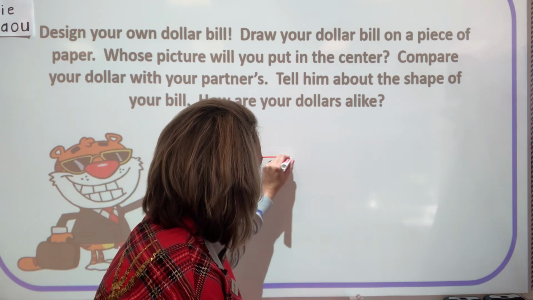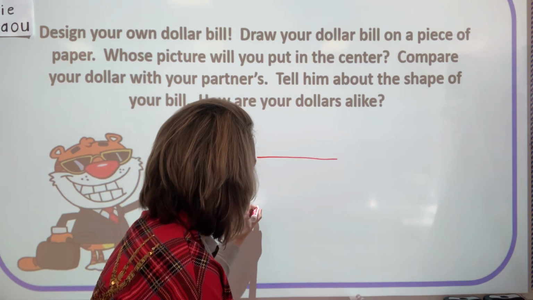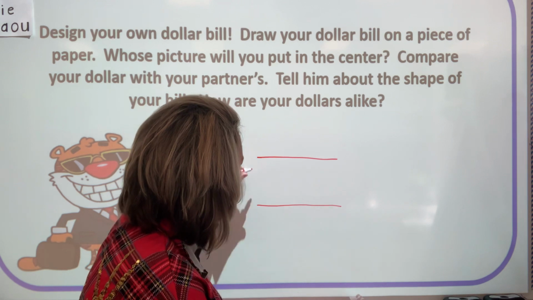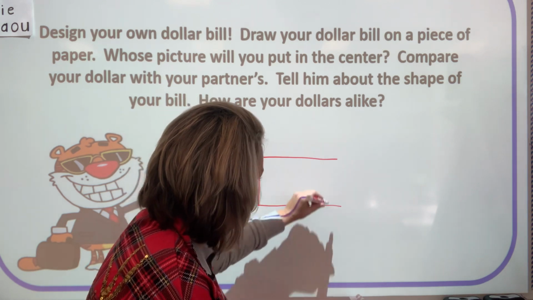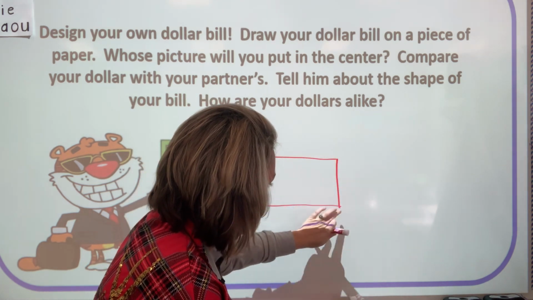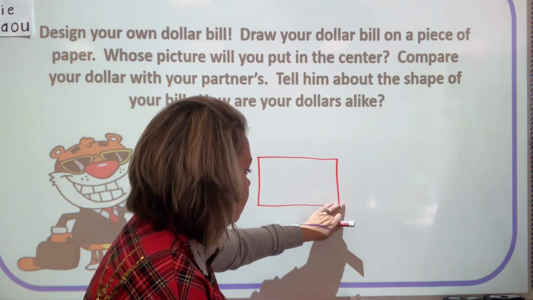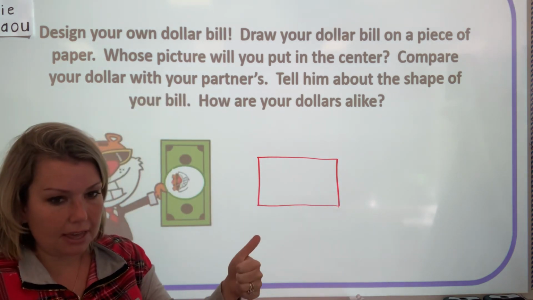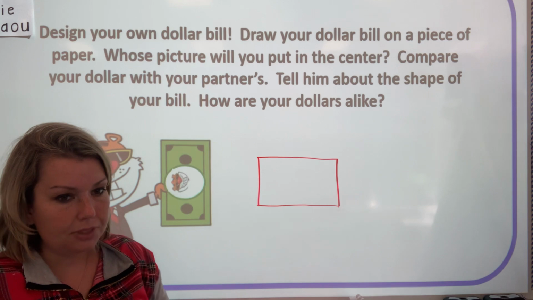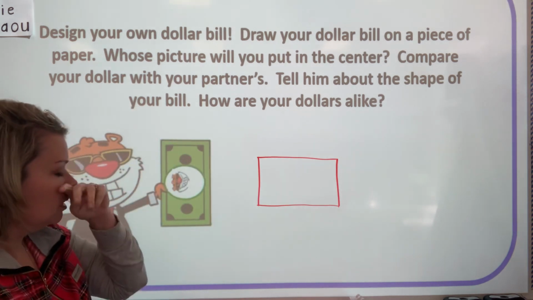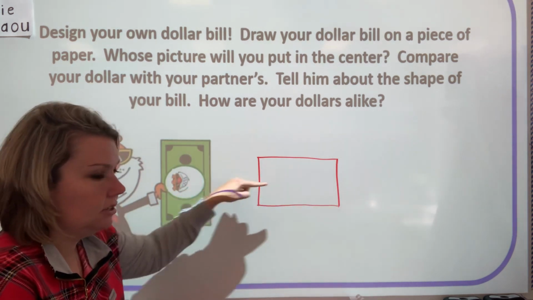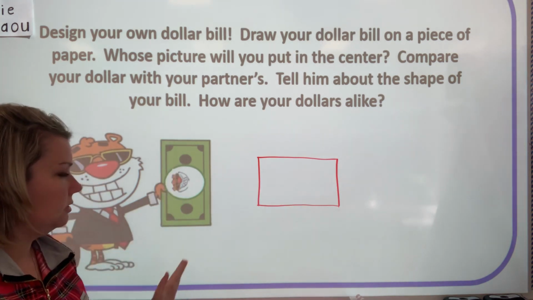So, 1, 2, 3, 4, and it's closed. Does that look okay? Now, look at my dollar. My dollar goes this way, and the cheetah's dollar goes this way.